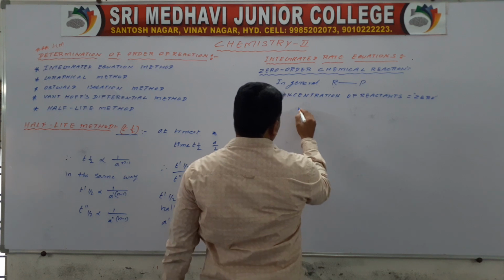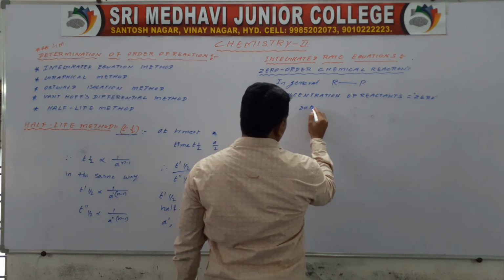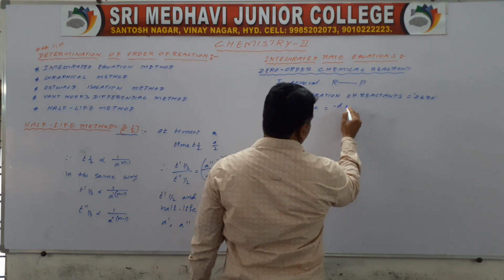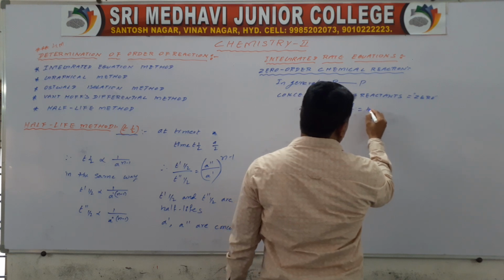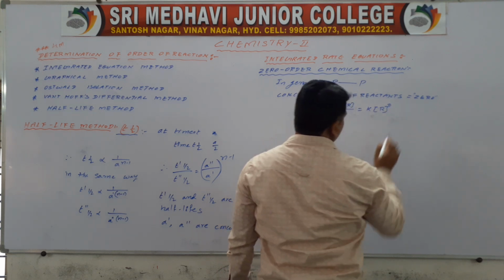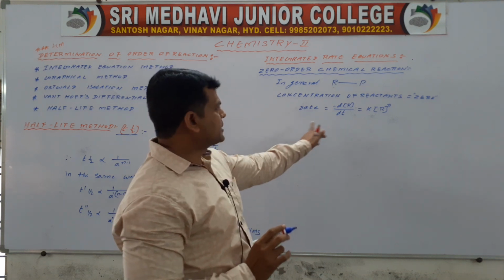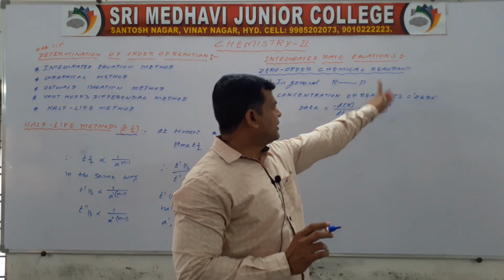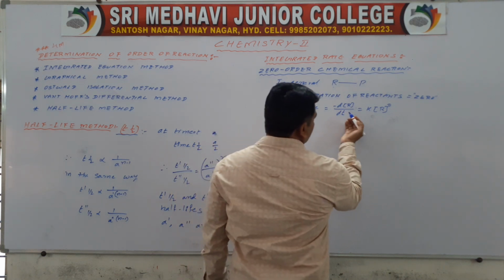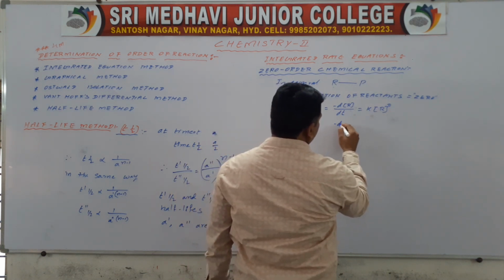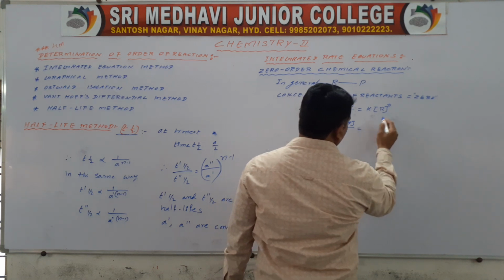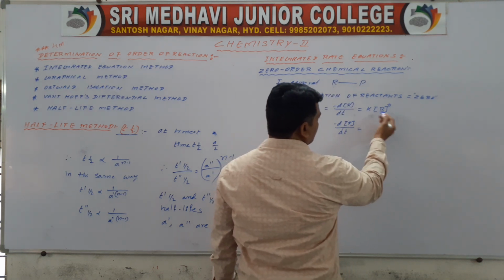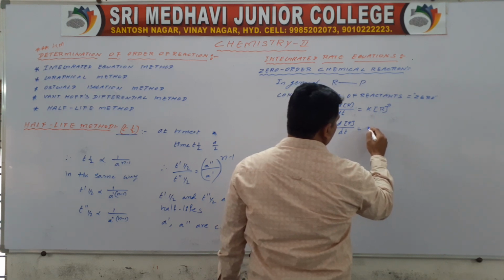Then rate equals minus d[R]/dt, which equals k into [R] power 0. Something to the power of 0 is 1, so it is k into 1, which is nothing but k.